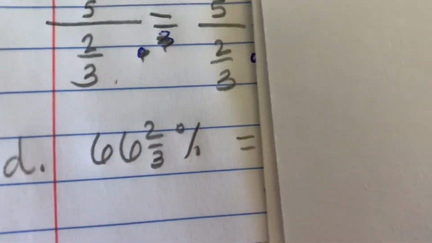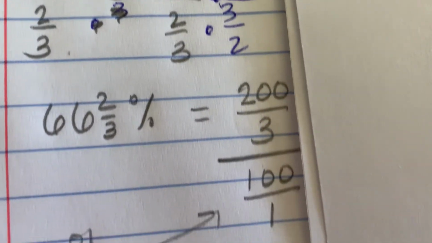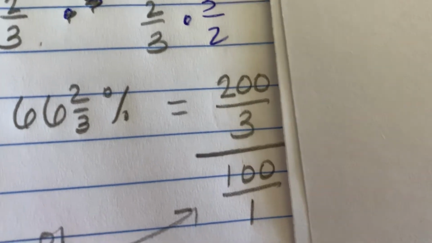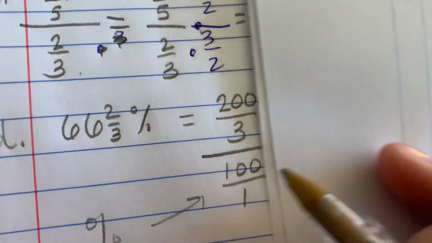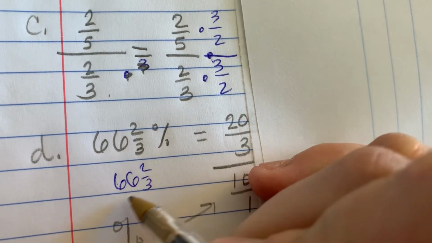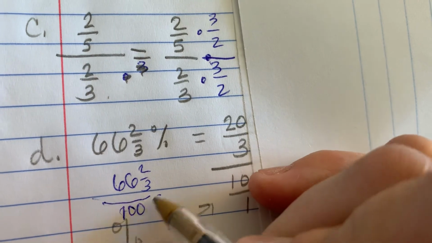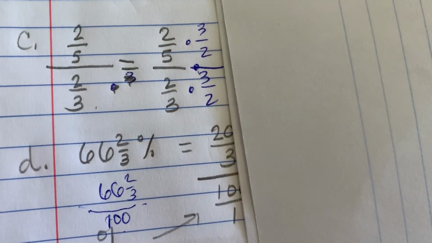Okay, so 66 2/3% is the same thing as, well, I went ahead and jumped ahead. It's the same thing as 66 2/3 over 100. It's percent. Remember, cent is 100.